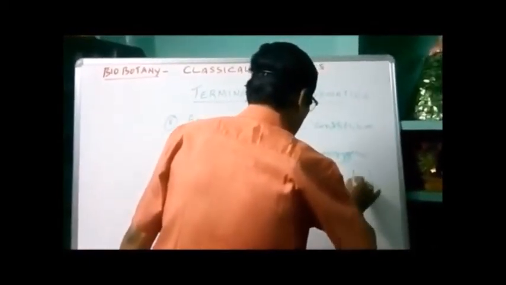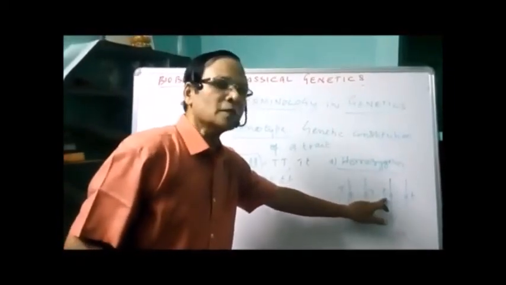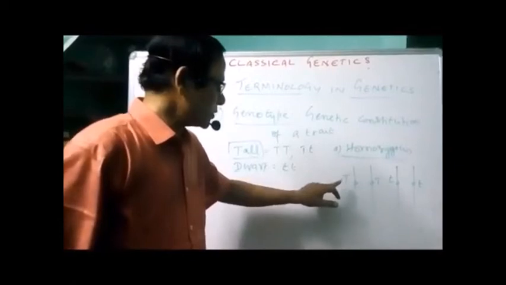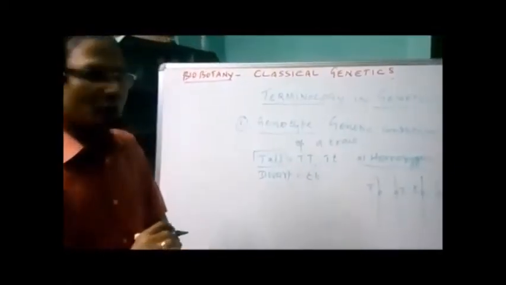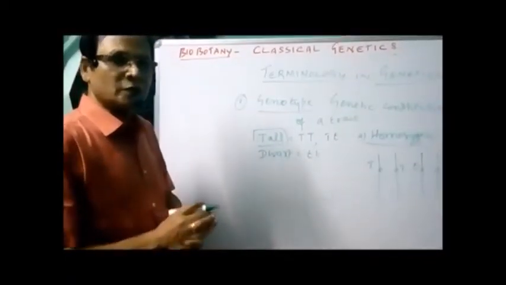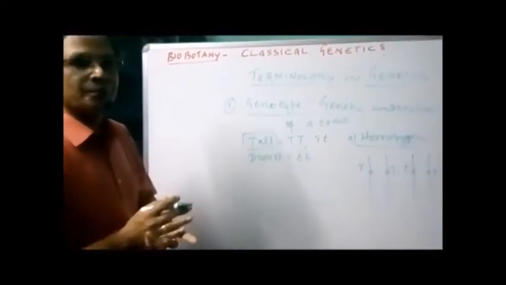Dwarf can be expressed only in homozygous condition, and this is called the homozygous recessive dwarf plant. This is the homozygous dominant tall plant. So homozygous is a condition where the two genes for a trait are alike.